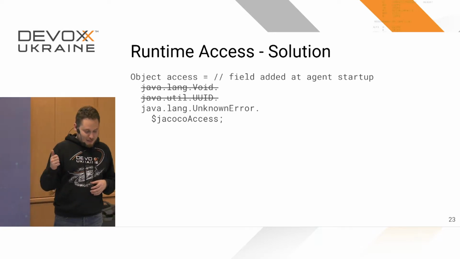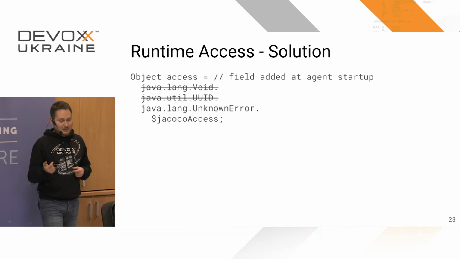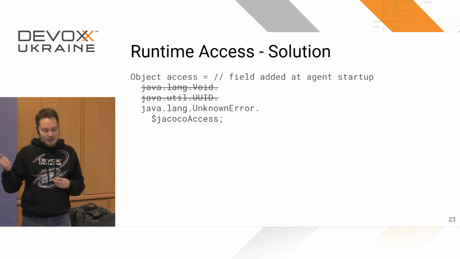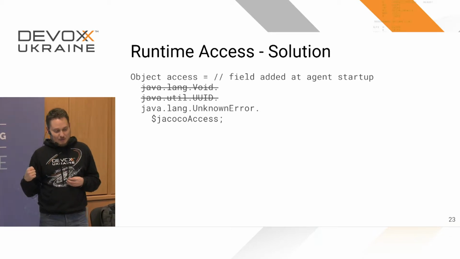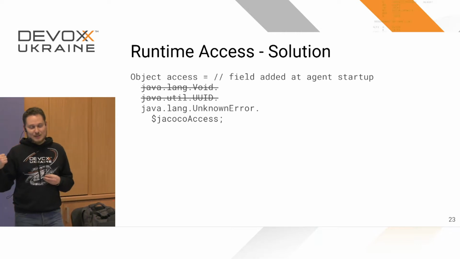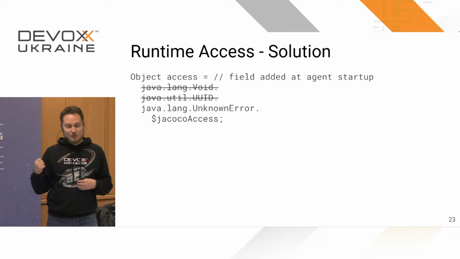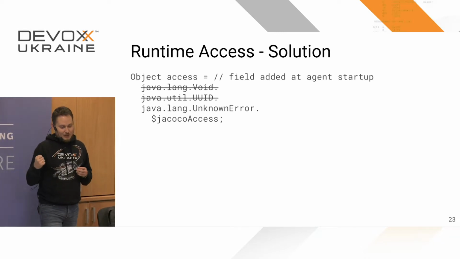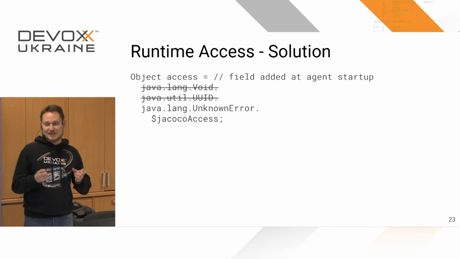We gave up on some other classes like java.lang.Void and java.util.UUID, because unfortunately those classes were used at startup of the JVM in different scenarios. And once a class is used, you could not modify its schema, you couldn't add fields. So at the end, we ended up with java.lang.UnknownError, because it's a not-so-used class.